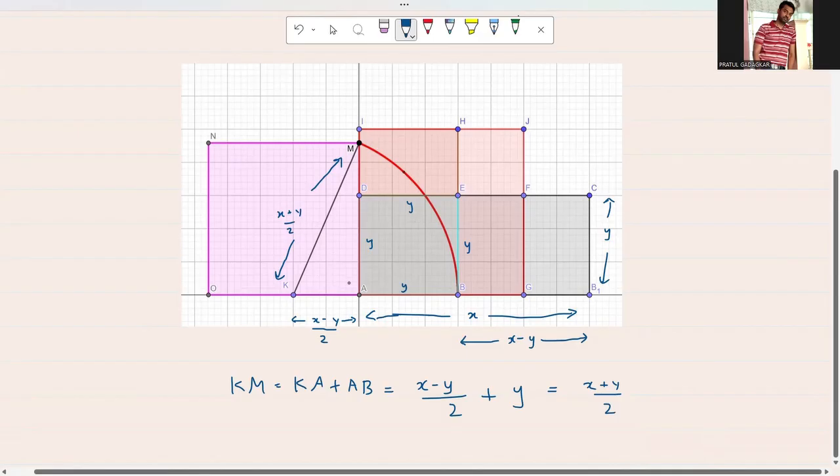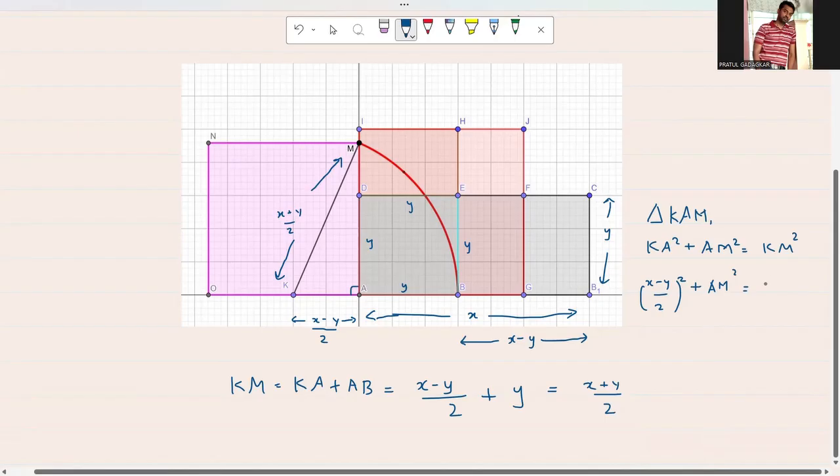Right? So I'm seeing a right angle triangle here. So in triangle KAM, we know Pythagoras. So Pythagoras says that KA square plus AM square is equal to KM square. KA square means x minus y by 2 whole square, plus AM square is KM square.